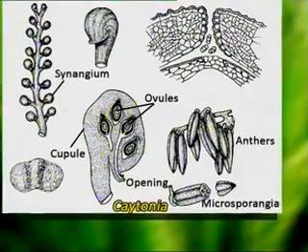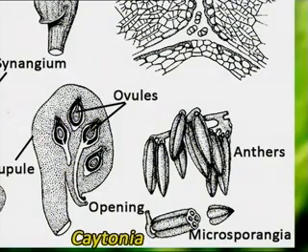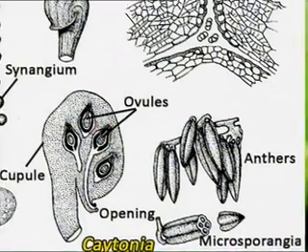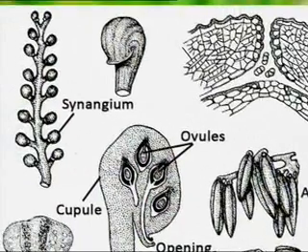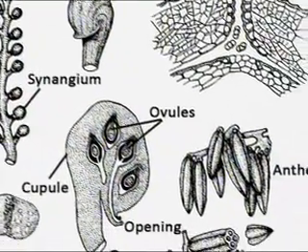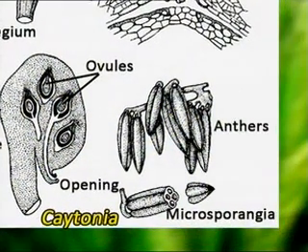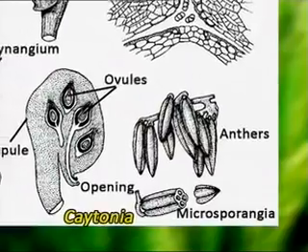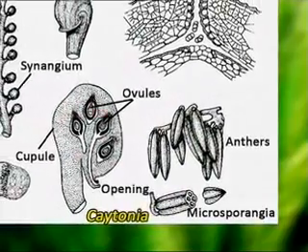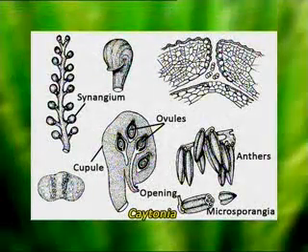In Caytonia, the male reproductive structure resembles anthers in consisting of a fusion product called a synangium, which bears 3 or 4 microsporangia. However, these synangia differ from angiosperm anthers in having radial symmetry in contrast to bilateral symmetry in the majority of angiosperms.